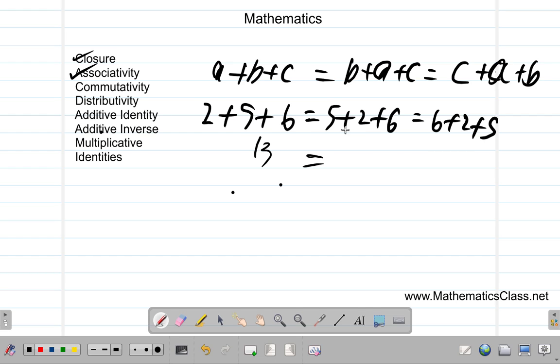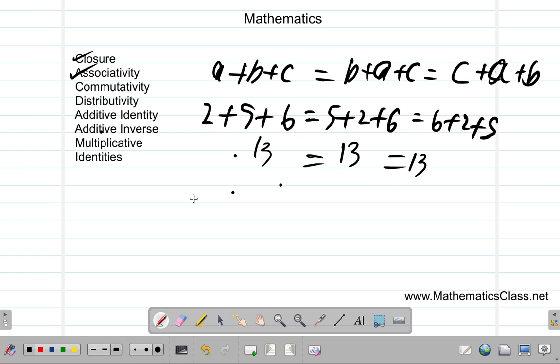We try this one: 5 and 2 are 7, 7 and 6, 13. Alright, we will try this: 6 and 2, 8. 8 and 5, 13. So no matter what you do, when it comes to addition, you have the same answer. If you are trying commutativity, that means you make one number travel from this position to that position, and so on and so forth.